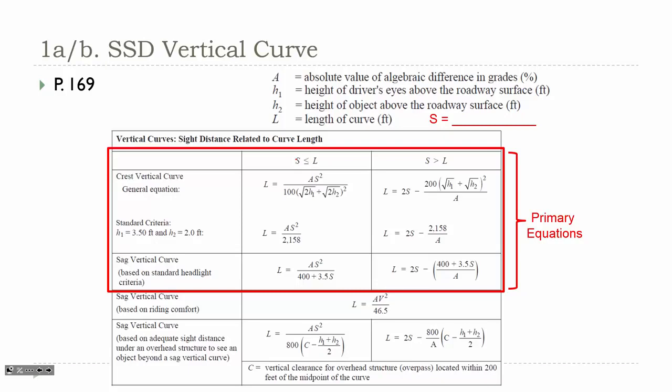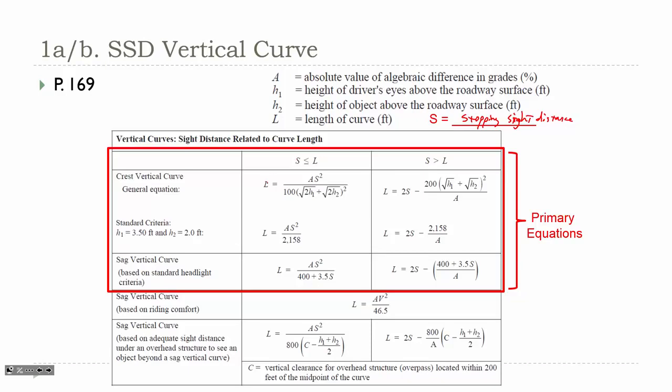What's it stand for? Yeah, S is actually the stopping sight distance. In the last equation, stopping sight distance is SSD. Here they use S for stopping sight distance. Just realize they're the same.